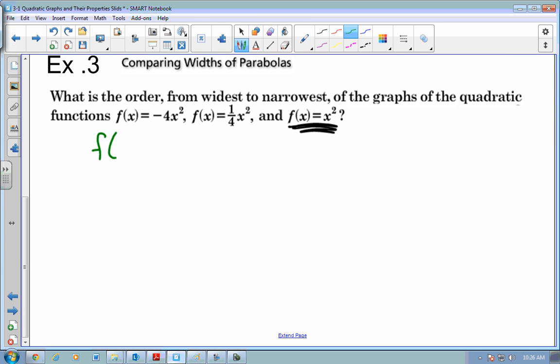When we have a multiplier, A does a few different things. When our A is a multiplier greater than 1, it gets steeper. The graph is a vertical stretch. Steeper.